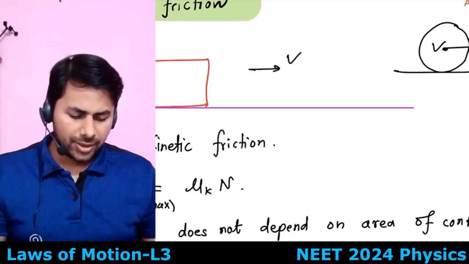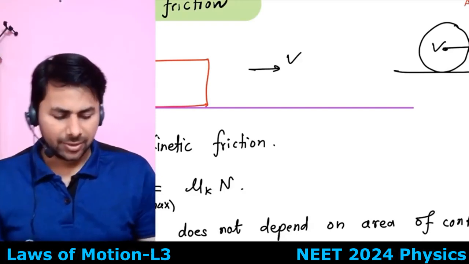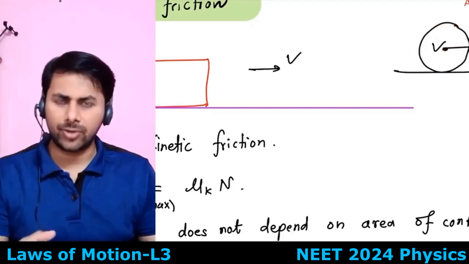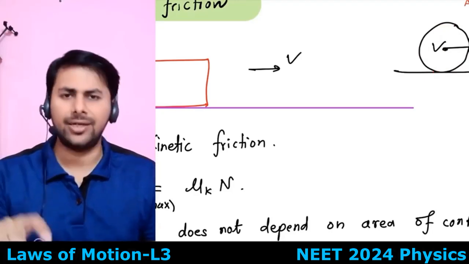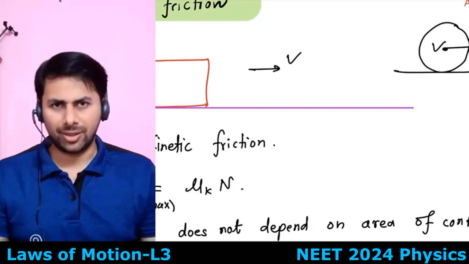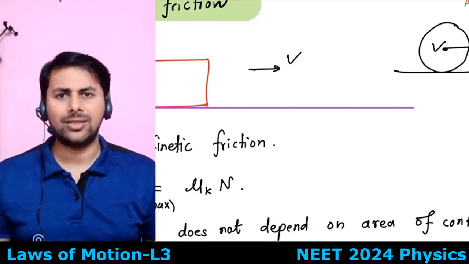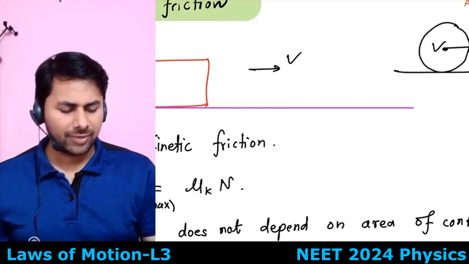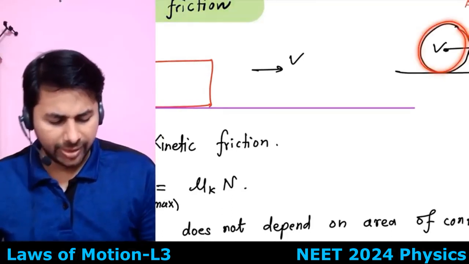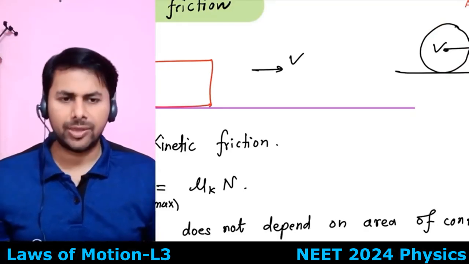So when this body rolls over the other body, there is a little bit of sliding also, which will cause some friction. But this friction will be less than the static friction as well as the kinetic friction. That's why in most cases we make use of circular or spherical bodies when we want to minimize the friction.